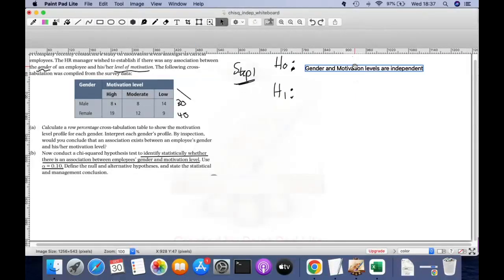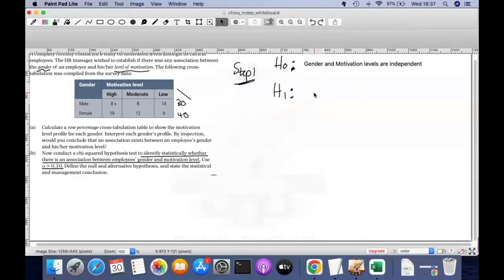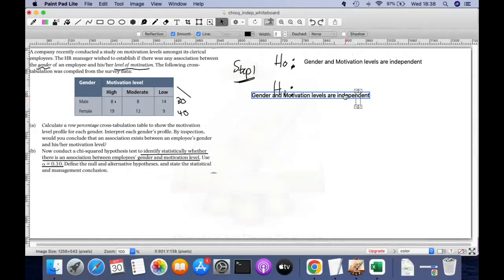That's your H0. H0 will always be that the two variables are independent. H1 will be the opposite. So I can write the exact same thing. Now you could put not independent. There are a couple of ways you can do this.